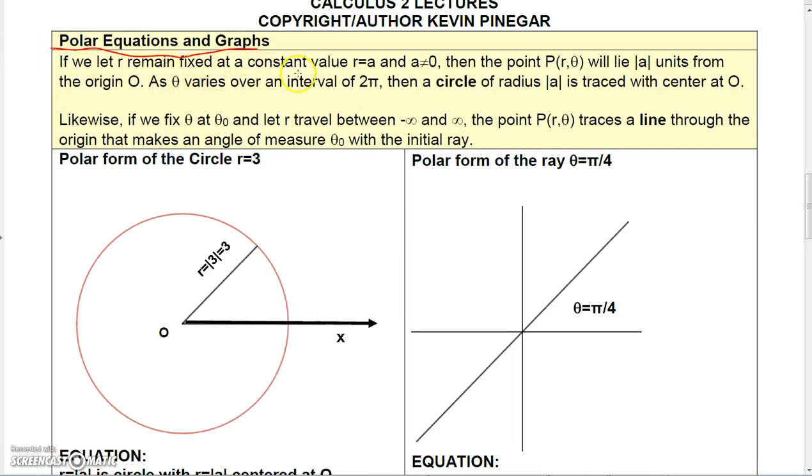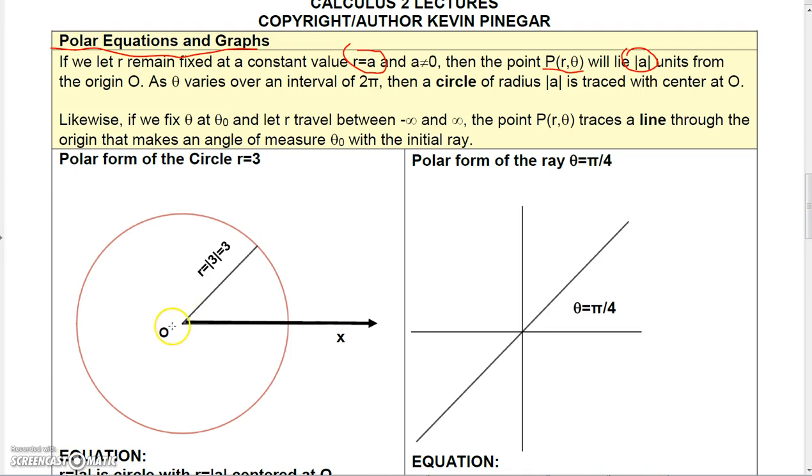If we let r be fixed at a constant value, r equal a, as long as a does not equal 0, then the point (r, theta) will be the absolute value of a units from the origin. So as theta varies over an interval of 2 pi, you're going to get a circle of radius a.